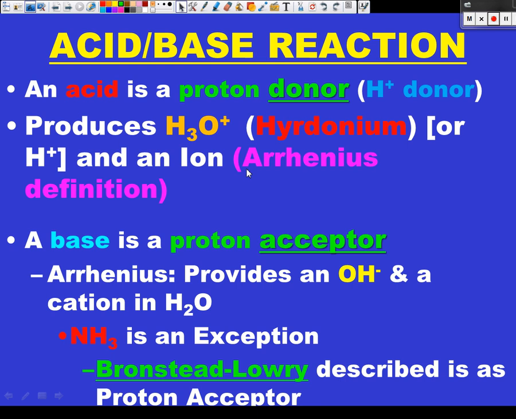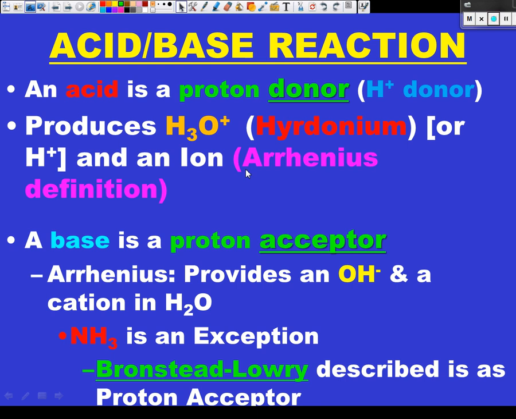Okay? Then what did we find out was not true? All bases do not have hydroxides present. That's when Bronsted-Lowry kicked in. And instead of calling them a hydrogen donor, he called them a proton donor.